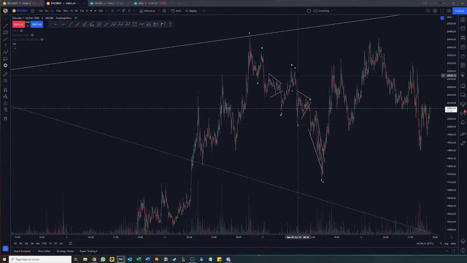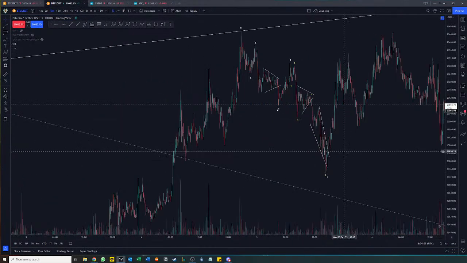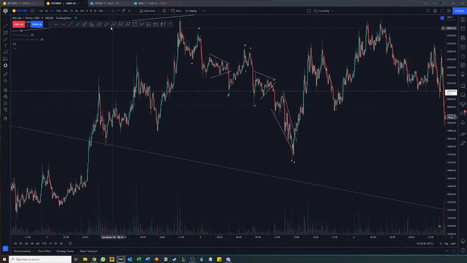If not, 1 2, 1 2 3 4 5, 4, 1 2 3. Yeah, I think this is the clearest way to look at it. However, it is tricky that 1 2 3 4 5 should have ended here.